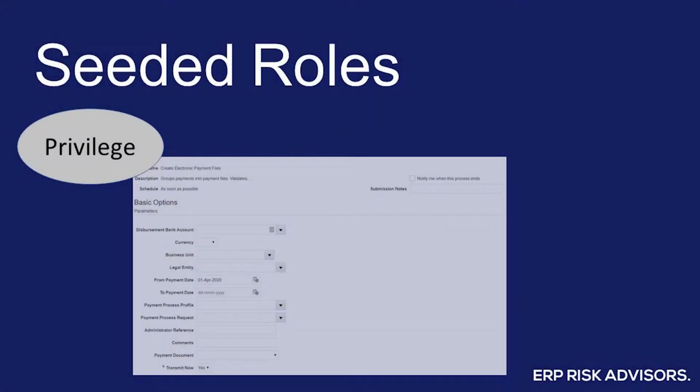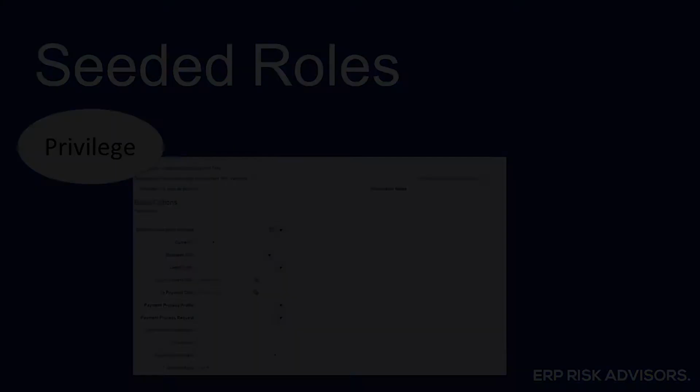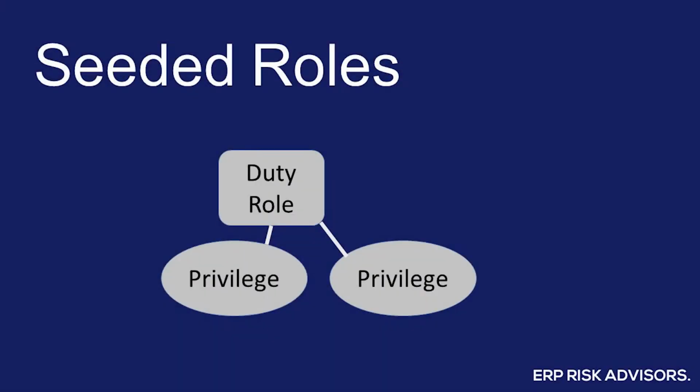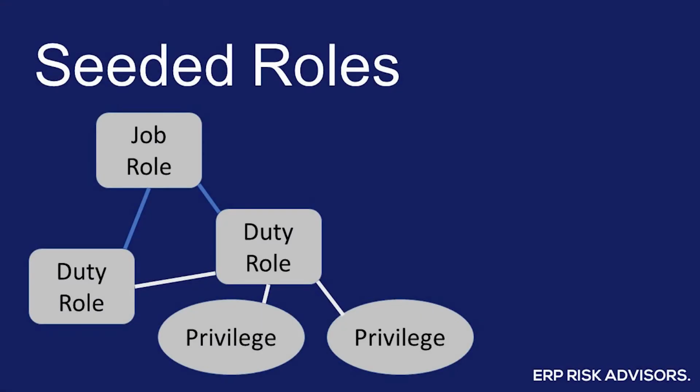A privilege gives you the ability to open a form, to edit a form, to delete, to view, to do any kind of function within a form or actually run a process. You have multiple privileges put together, and when you group them together, it's what they call a duty role. So you have duty roles that contain multiple privileges that are put together to create a job role.